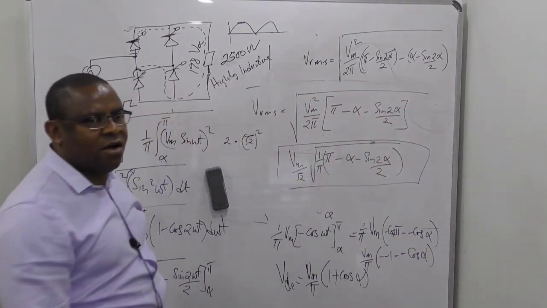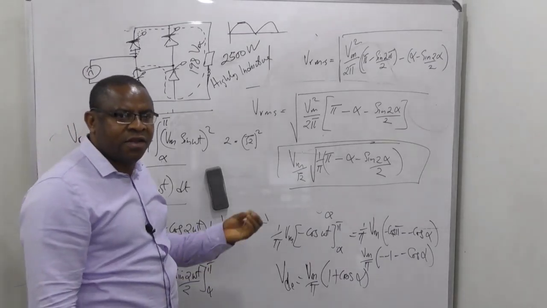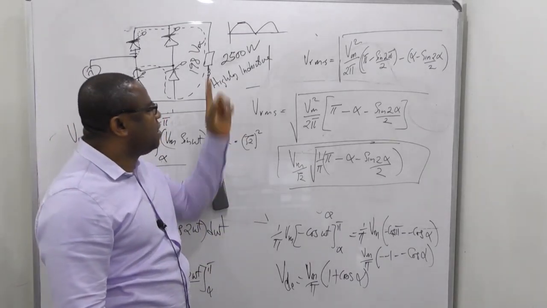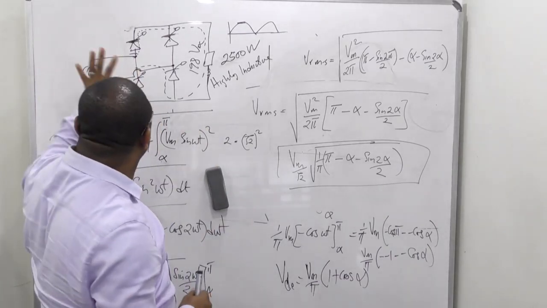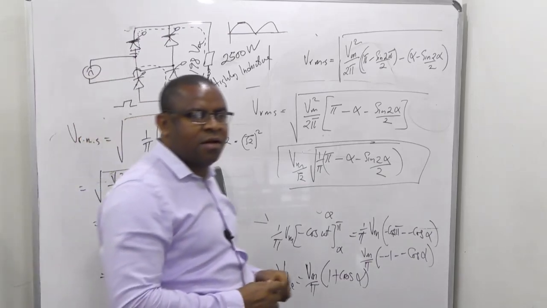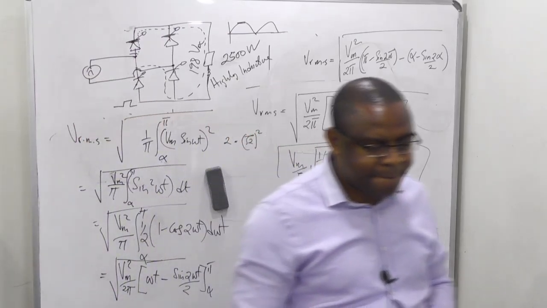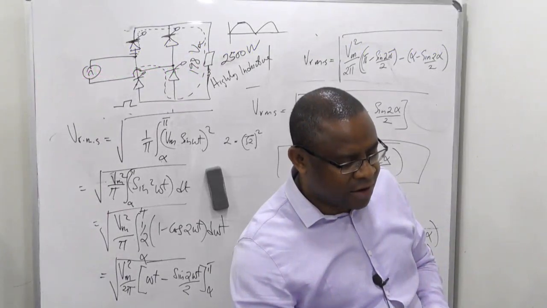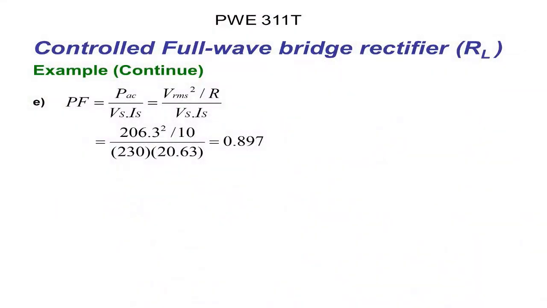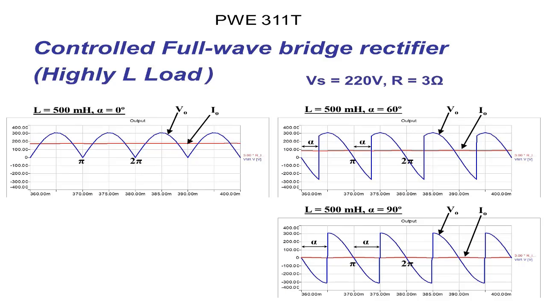If it is uncontrolled, the VRMS here is V peak over root 2, which is the same thing as the input voltage. And that is why when you look at this power factor, it's not 1 in this case. All right, so we have that to be 0.897. Right, so you got that.